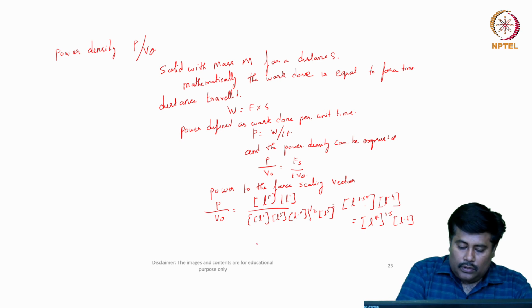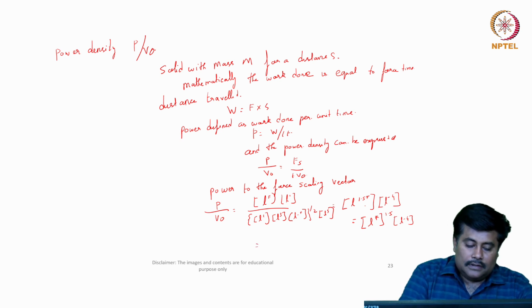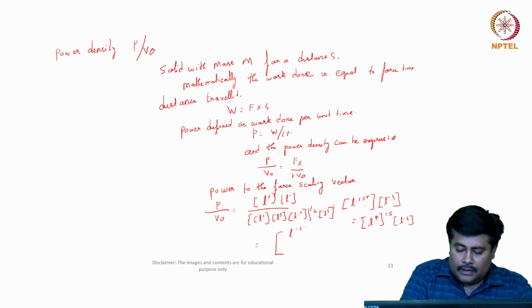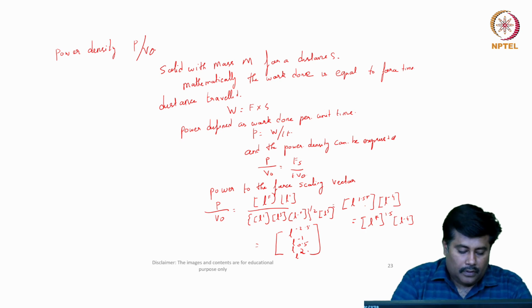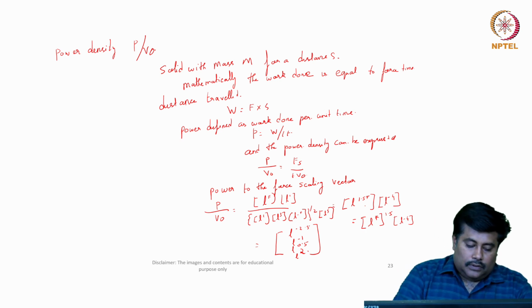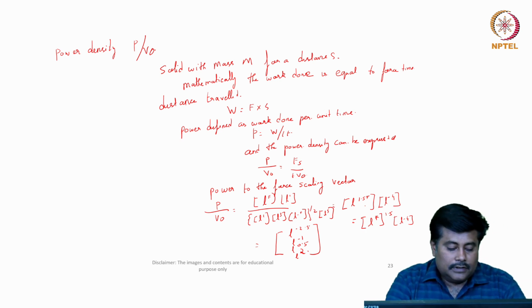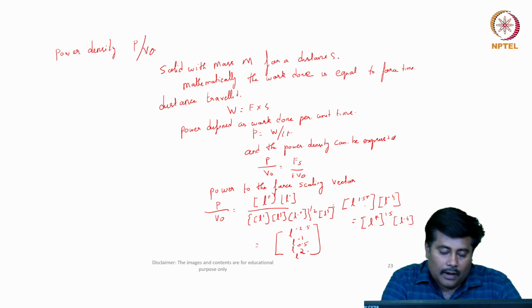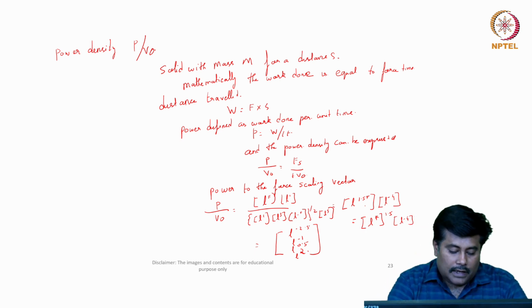So, the final power density with reference to force scaling can be represented as L minus 2.5, L minus 1, L 0.5 and L2. So, this is a relation which basically talks about the power with reference to the force scale vector.